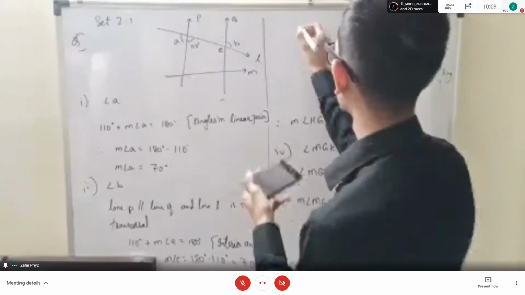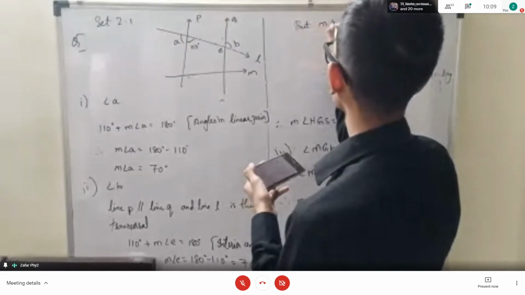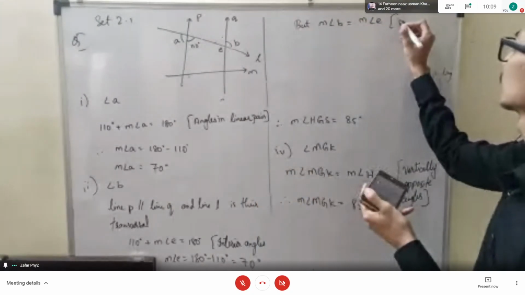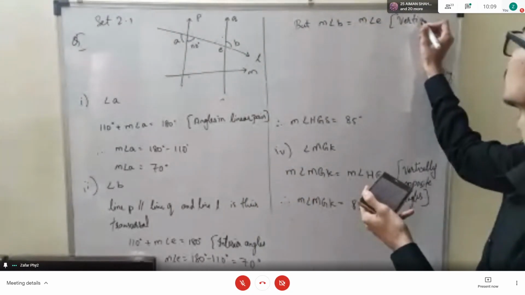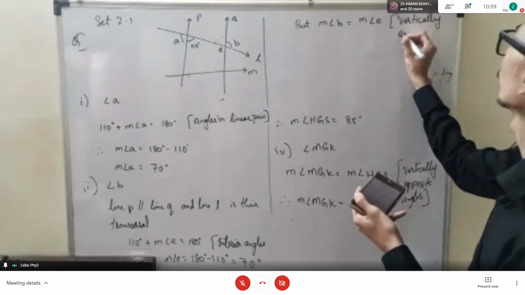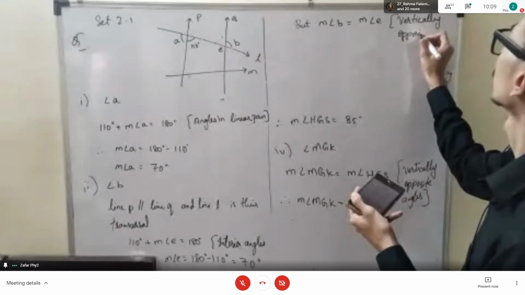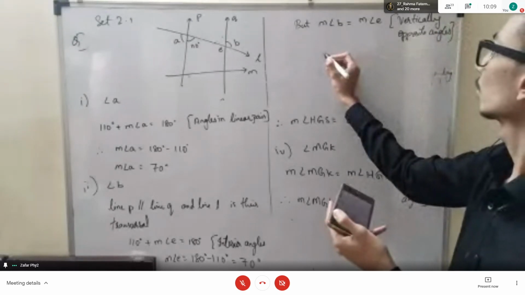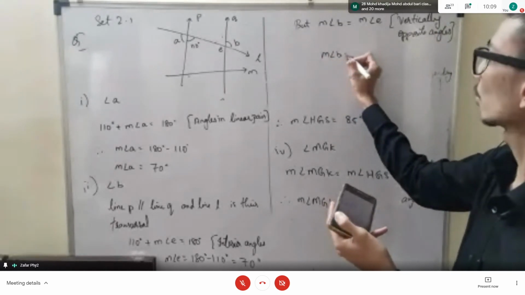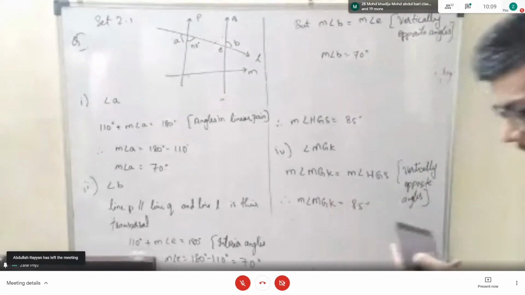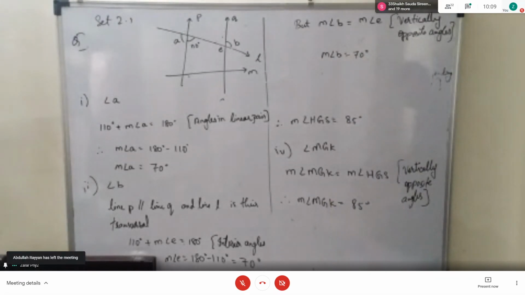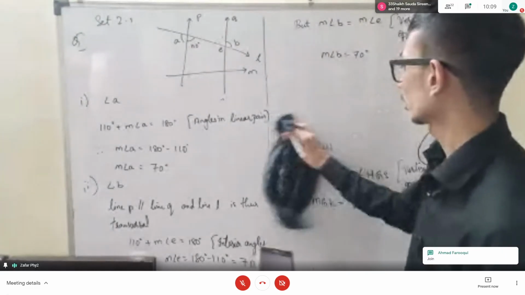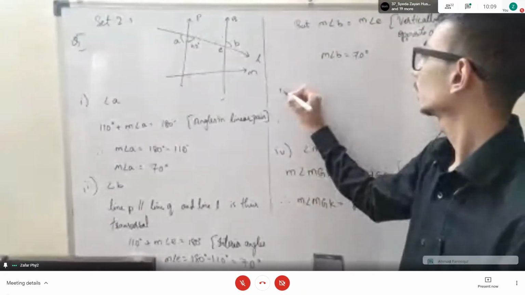Okay, but measure of angle B is equal to measure of angle C, vertically opposite angles. Okay, so measure of angle B is also 70 degree. Okay, this is the answer. Same for third and fourth, you will try.